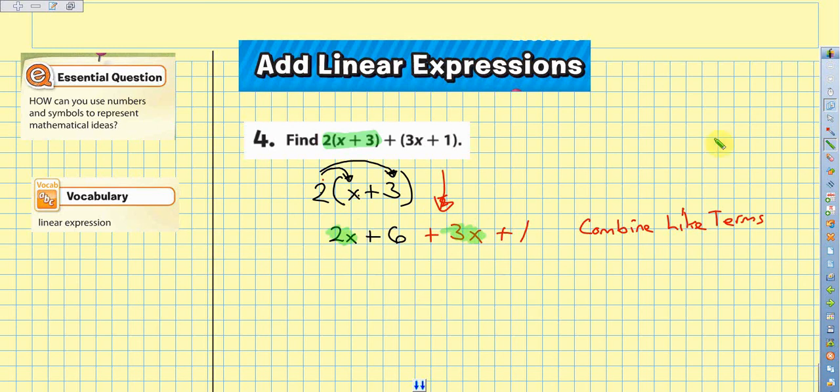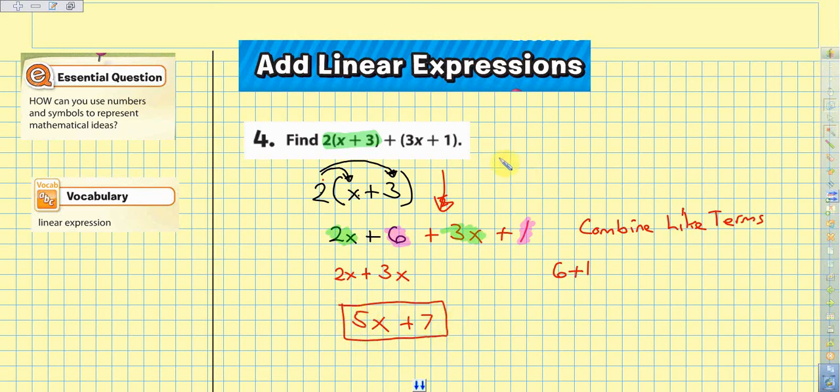Put those together. I'm going to write it out to show my work. 2x plus 3x gives me 5x. Okay. I have a 6 and I have a 1. Okay. 6 plus 1, that's going to give me 7. So my answer is 5x plus 7.